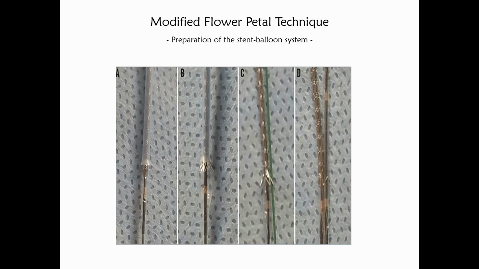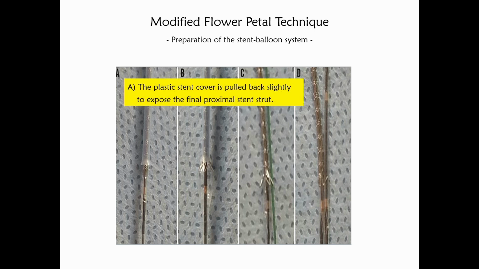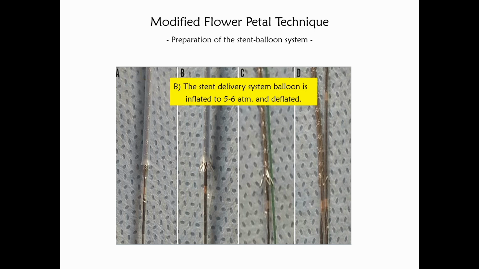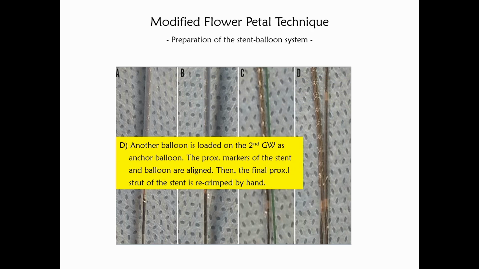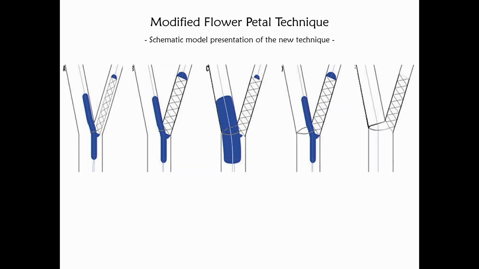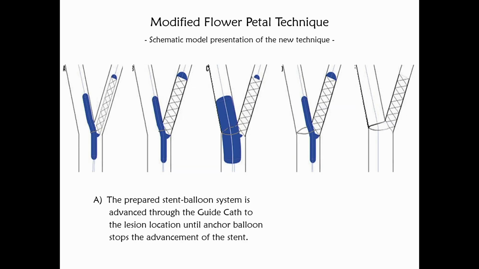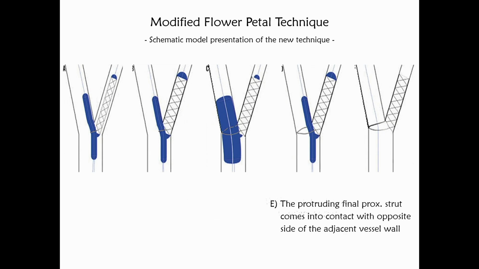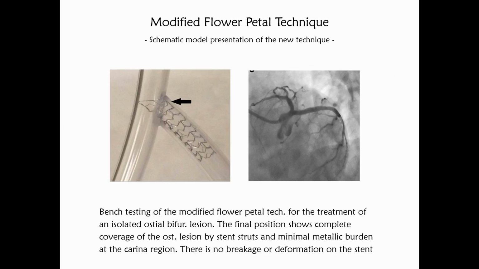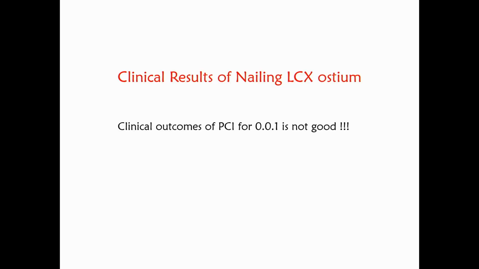This one is a little bit interesting: balloon, bite back and balloon, then the wire goes through the stent slot, and then advance the balloon and locate it in the bifurcation area, then balloon the side branch, stent, balloon the main branch, and balloon again. You can see the protruding final proximal strut coming out like an anchor. This is very beautiful.